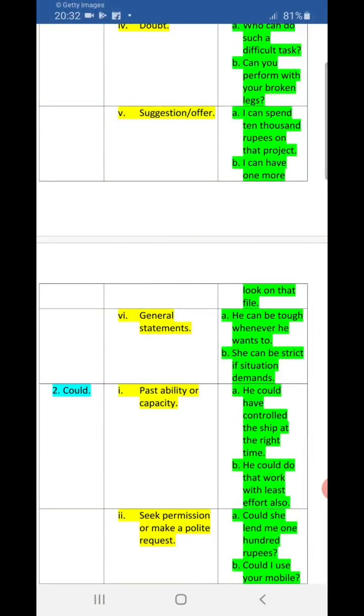Number B. She can be strict if situation demands.